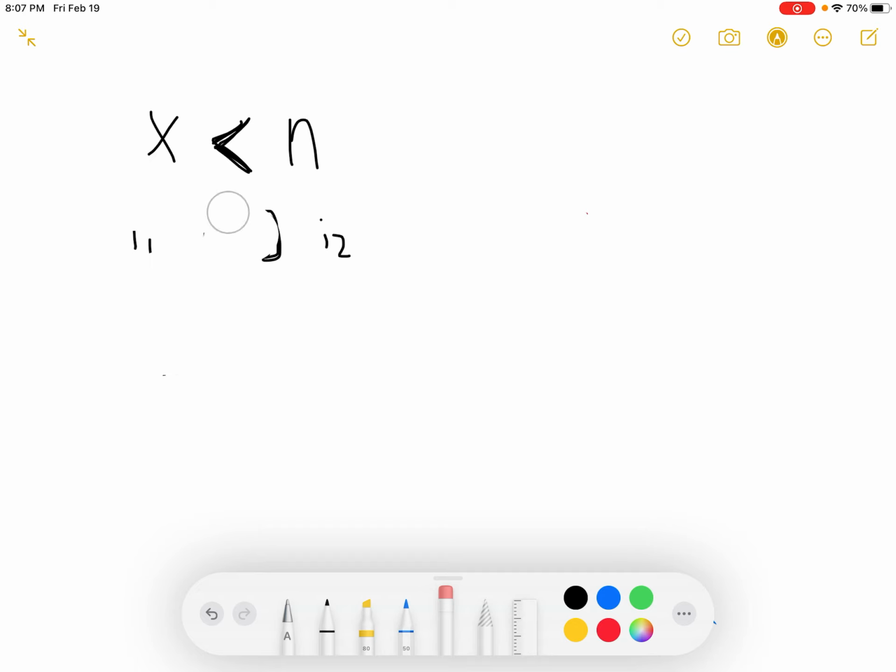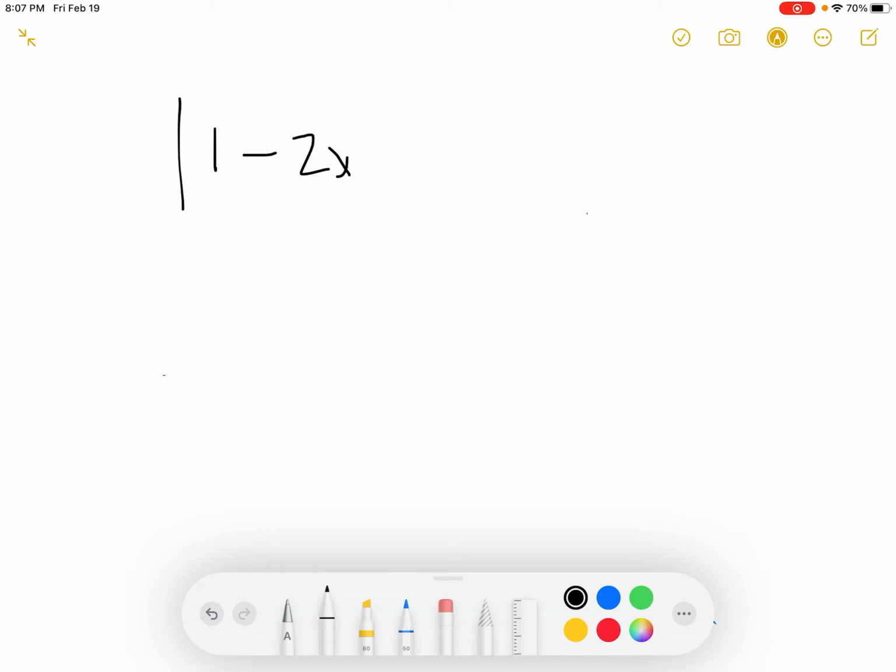So we'll have to put it on the number line, but let's say we had the absolute value of 1 minus 2x is less than 8. We do the same steps as when we did the equation, so please watch lesson 1 if you haven't already. Get the absolute value by itself.